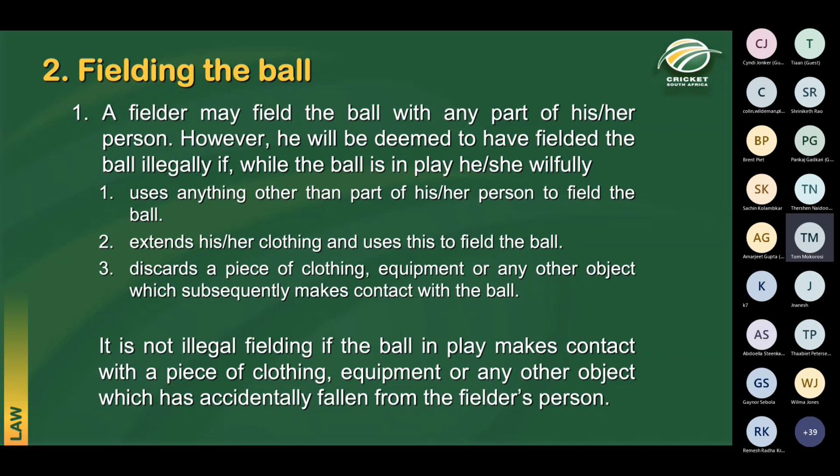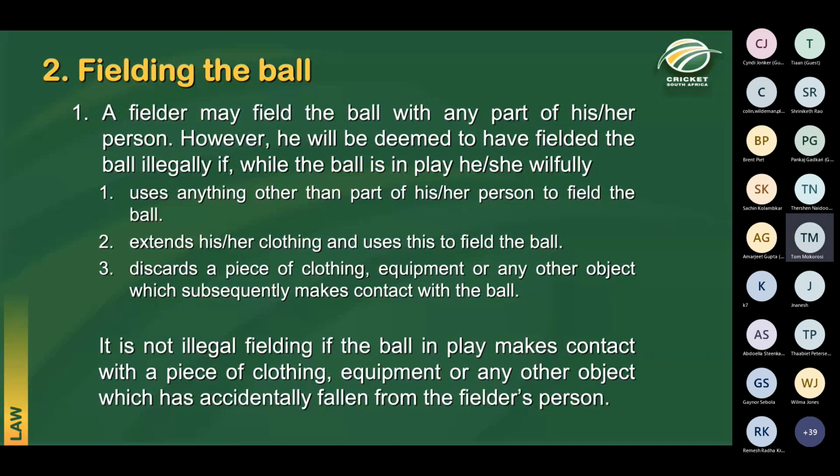Quite importantly, it is not illegal fielding if the ball in play makes contact with a piece of clothing, equipment, or any other object which has accidentally fallen from the fielder's person. It does happen quite often that when a fielder is chasing after a ball, the cap flies off from the head of the fielder.